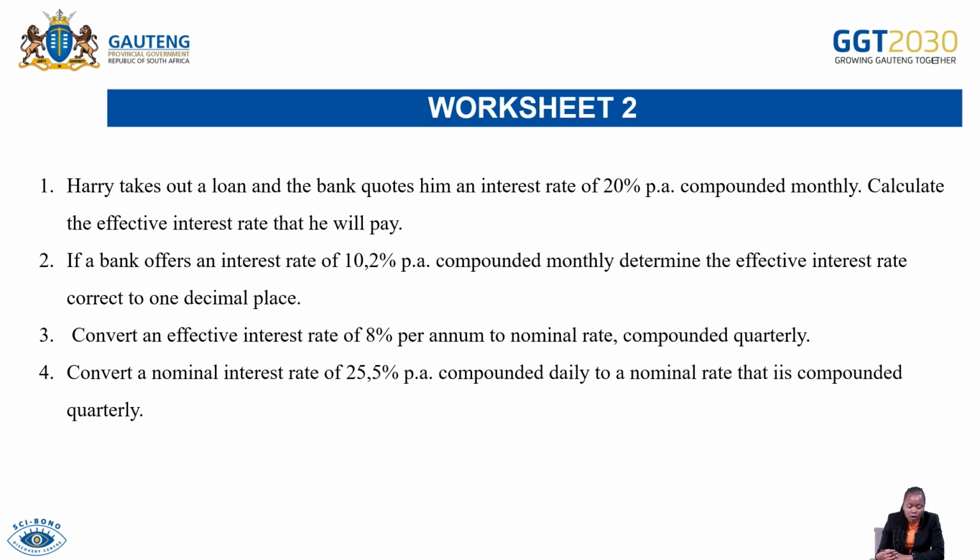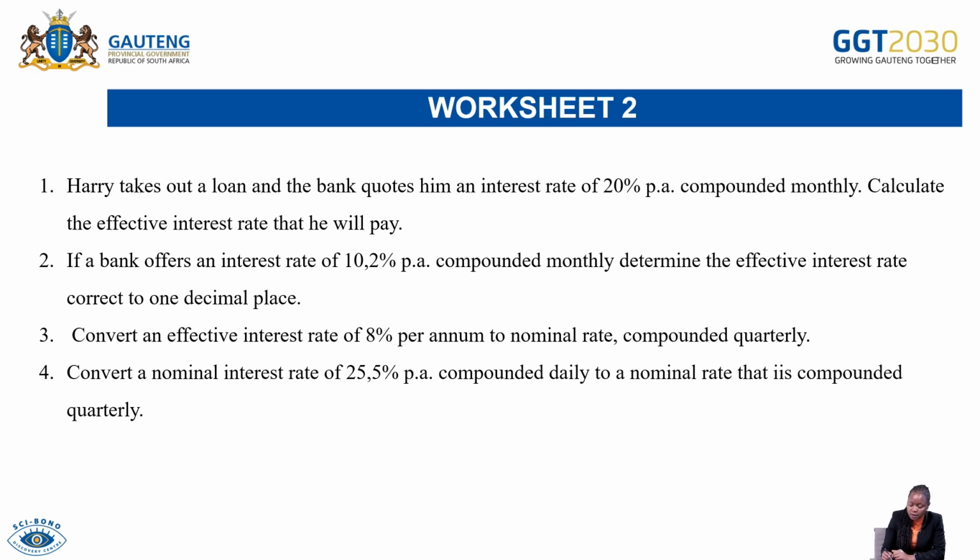Okay, number 3, convert an effective interest rate of 8% per annum to a nominal rate compounded quarterly. So now it's compounded quarterly and we are moving from effective to nominal. Number 4, convert a nominal interest rate of 25.5% per annum compounded daily to a nominal rate that is compounded quarterly.